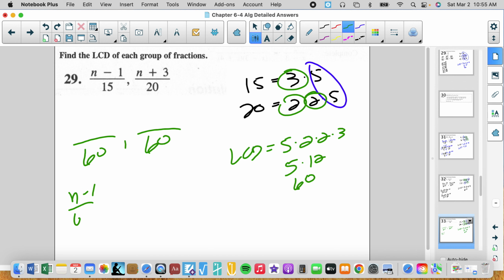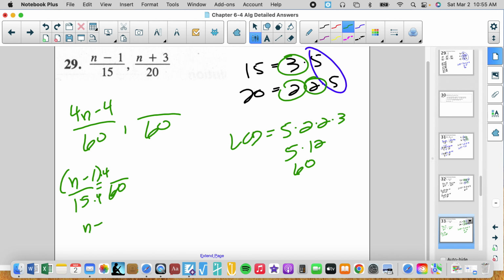(N minus 1) over 15 equals 60 times 4, so 4n minus 4. And then we have (n plus 3) over 20 equals 60 times 3, so 3n plus 9.